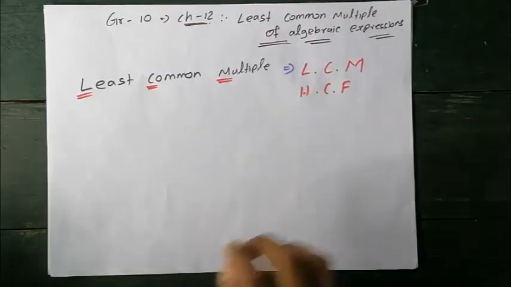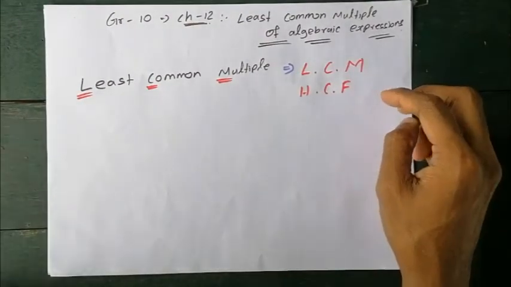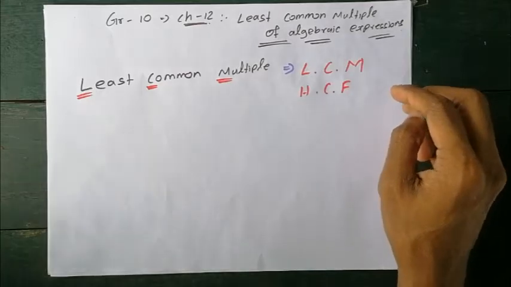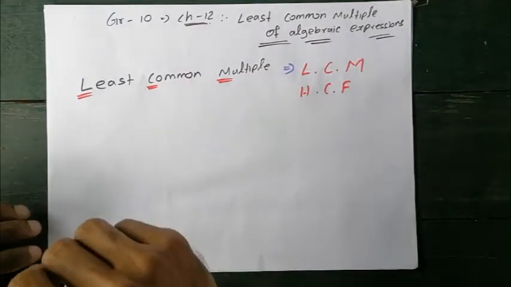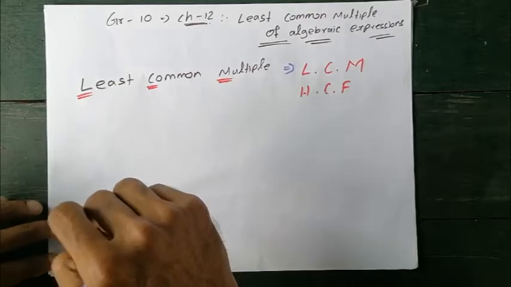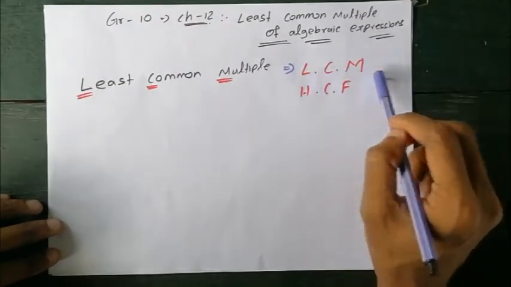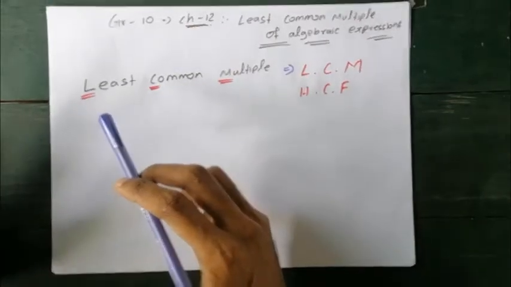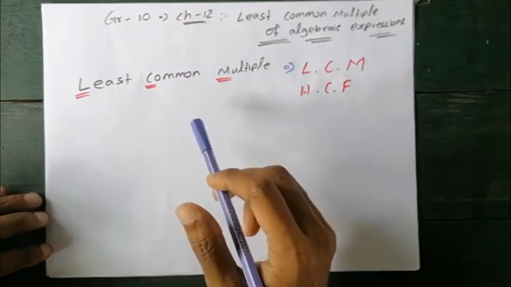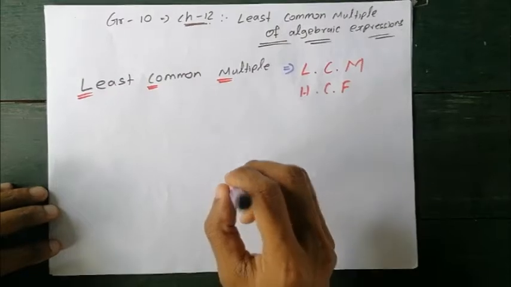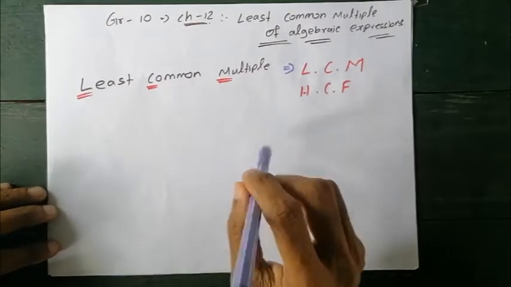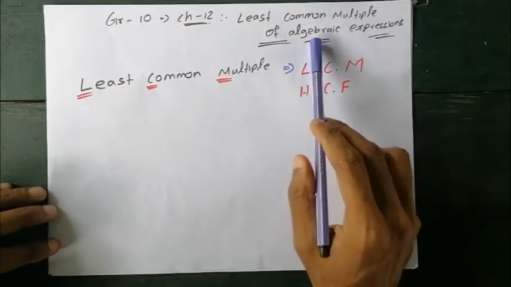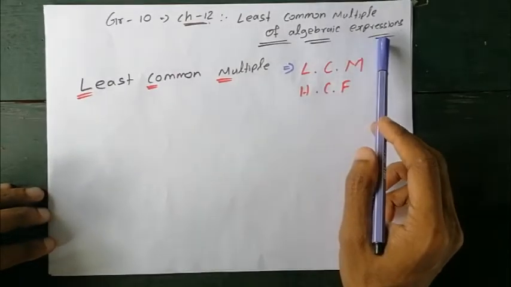Those things you studied from grade 5, and in grade 8 and 7 you studied more about finding LCM, least common multiple. With that knowledge, we are going to study in grade 10 how to find LCM of algebraic expressions.